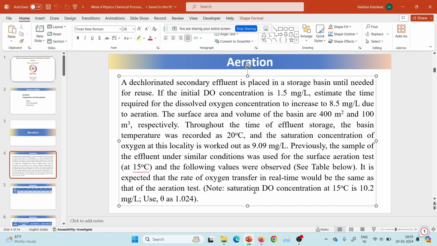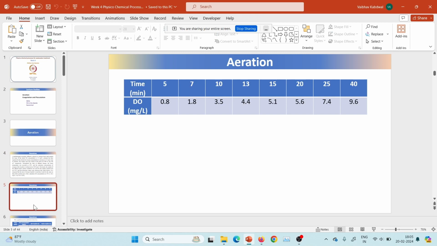Note, the saturation DO at 15 degrees Celsius is 10.2 milligram per liter and theta is 1.024. So this is the table which is given in the question. With time, the DO is given at different time intervals.